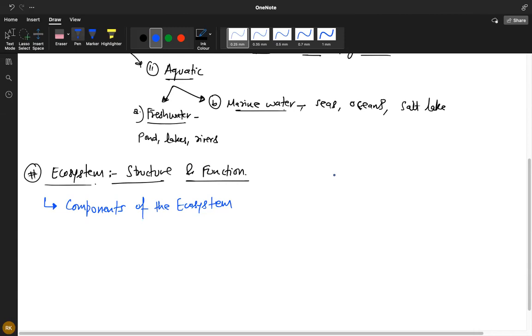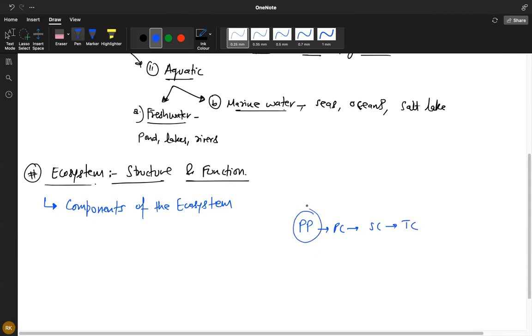As you said, there are producers, then primary consumer, secondary consumer, tertiary consumer. So what are they consuming basically? The previous links in the chain, right? So everything starts with primary producers, goes to primary consumer, secondary consumer, and tertiary consumer.